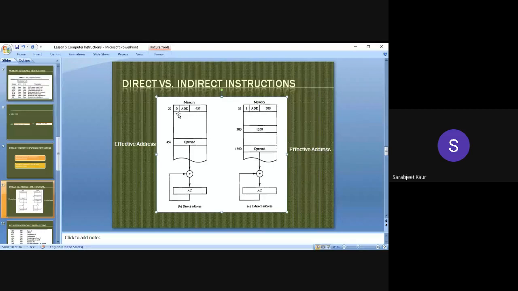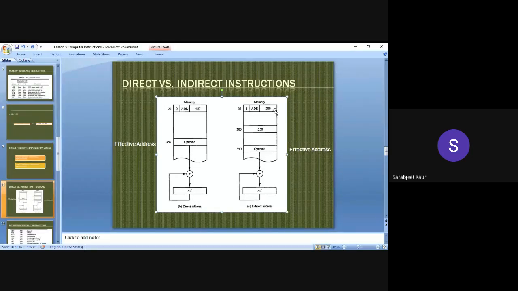And in that case, I only have to perform a single memory access. That means I only have to go to one particular location, and whatever is stored there is going to be my operand. I have to perform my operation with that particular operand. In the second case, however, if the mode bit is 1, it means it is an indirect memory address.